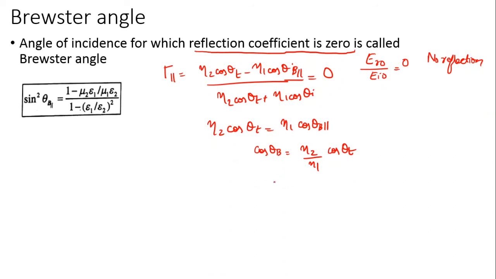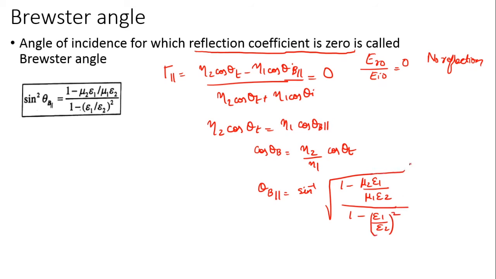On substituting, you will get the final answer as theta b parallel is equal to sine inverse of the square root of (1 minus mu 2 epsilon 1 divided by mu 1 epsilon 2) divided by (1 minus (epsilon 1 by epsilon 2) the whole squared). So this is the equation, and this entire term comes under the square root.